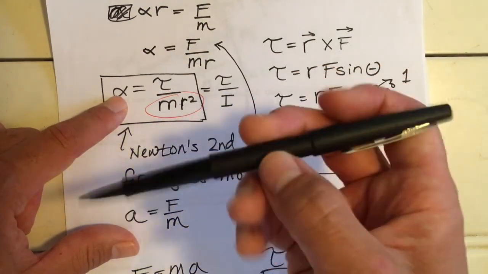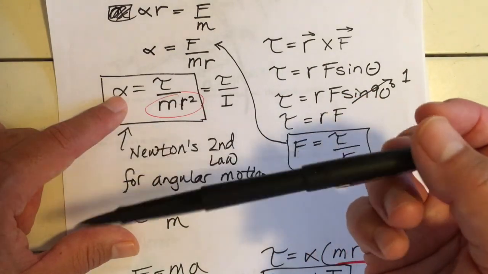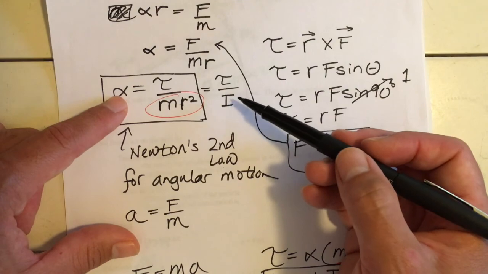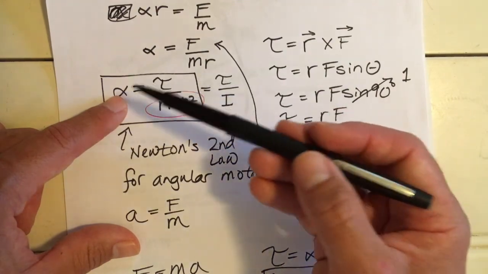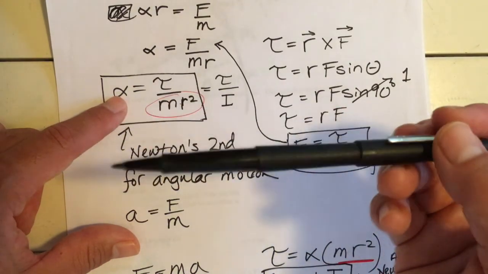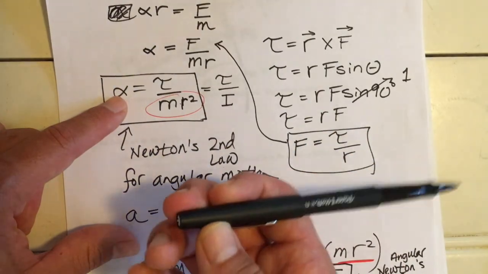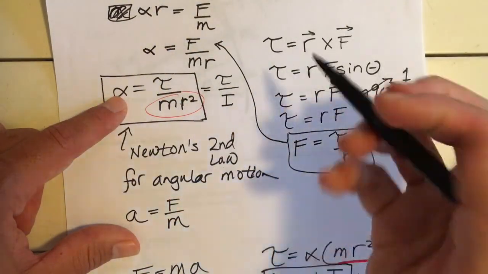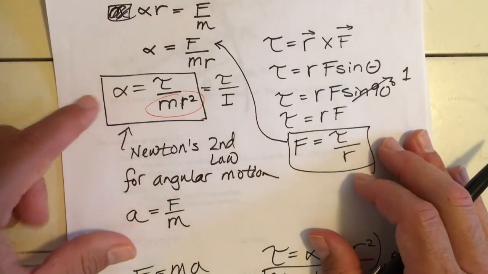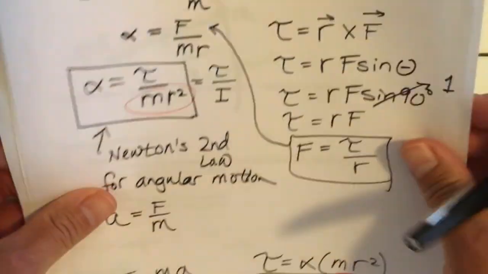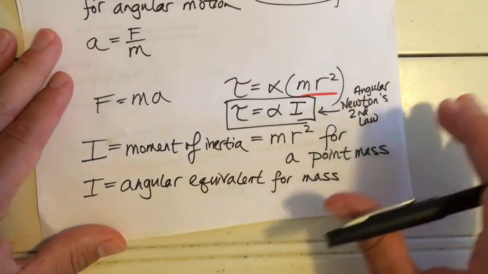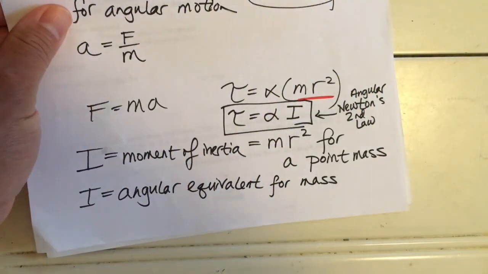When I hold it out here, the moment of inertia is greater, so the angular acceleration, how quickly it will speed up or slow down around a pivot, is going to be less. That's where we're going with this. So, Newton's second law: the angular equivalent of F equals ma.